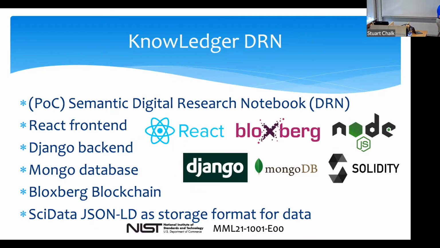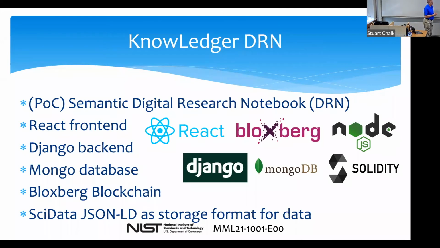And then the other two pieces are to do with blockchain. Bloxburg, which I think has now just been renamed something else, is an academic specific blockchain. The idea was that academic institutions could use that blockchain to try out blockchain-based technologies for free.